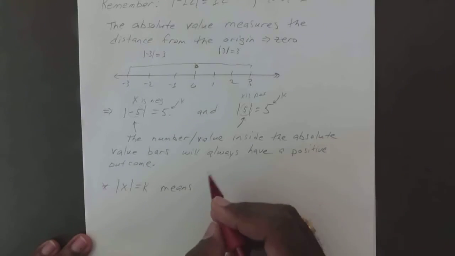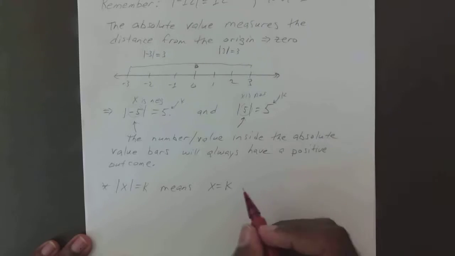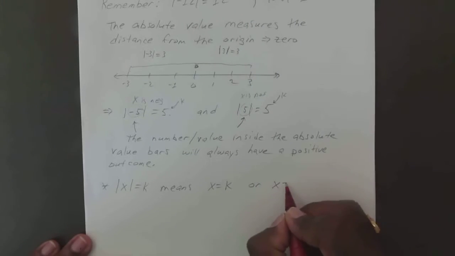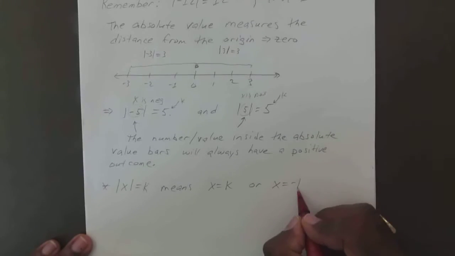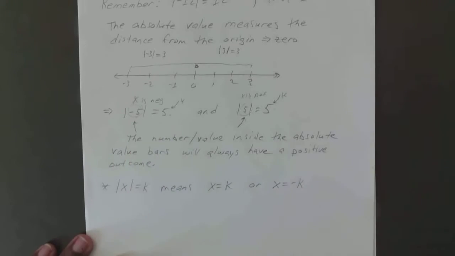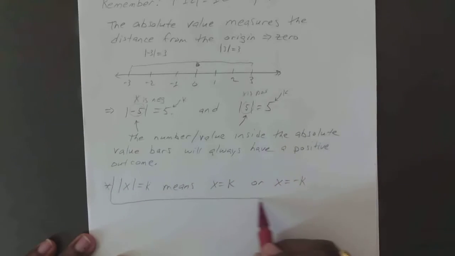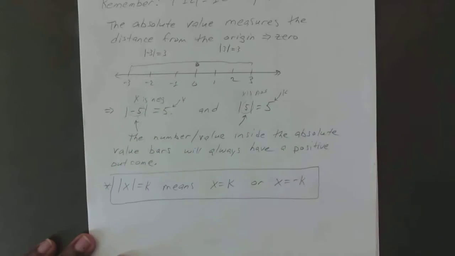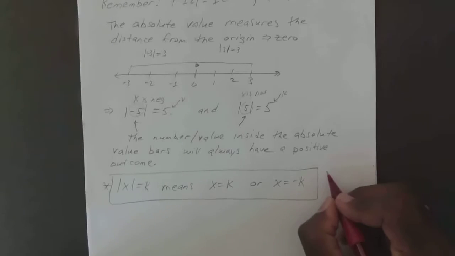That means x can equal k, so 5 can equal 5, or x can equal negative k, which means it can be negative inside of there, and it would still be the same thing. This is what we're going to use to solve absolute value equations. So that's our general idea.